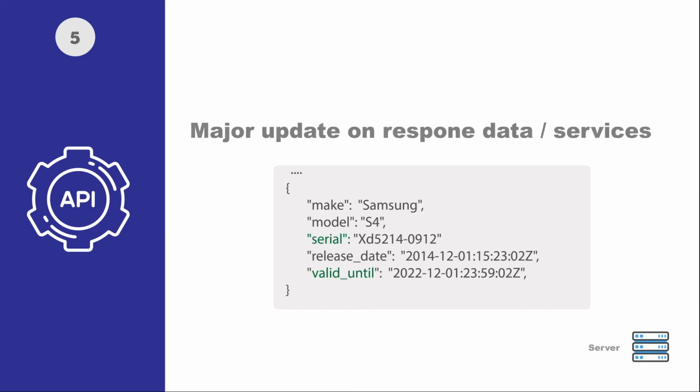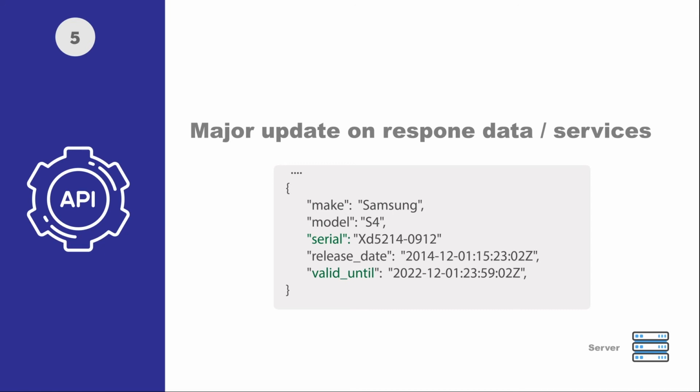We should also version our endpoints when there is a major update on response data. By major updates, I mean, let's say, we had a version 1.0 that used to respond only with make. For this instance, we're assuming the data relates to a phone or a product object or product entity.